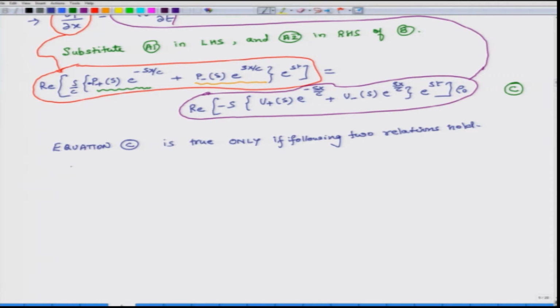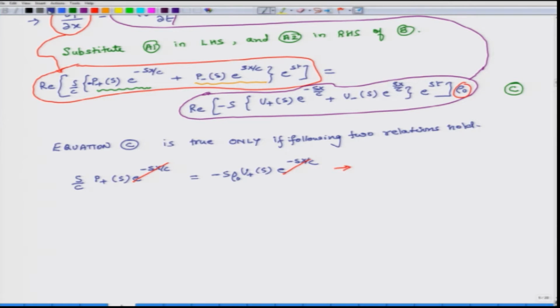So, first relation relates to P plus, and P plus is multiplied by S over C. So, S over C times P plus of S e to the power of minus S x over C equals minus S rho naught u plus of S e to the power of minus S x over C. So, these two guys cancel out, and of course, there has to be a density term rho naught. This is the density term. Okay.